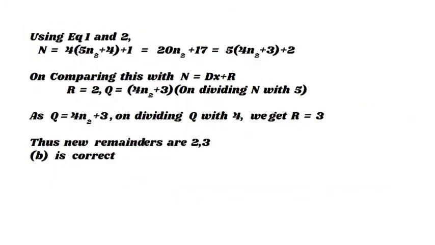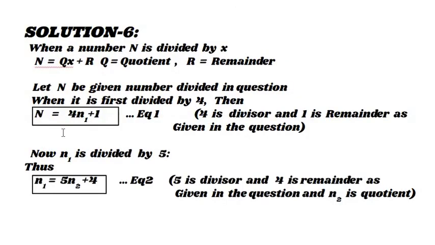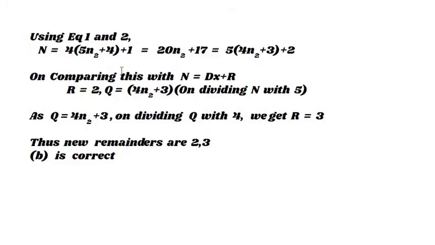Now using equations 1 and 2, please look at these equations. We put n1 equal to 5n2 plus 4 from equation 2 into equation 1, and we get n equal to 4 into 5n2 plus 4, plus 1, that is 20n2 plus 17, or 5.